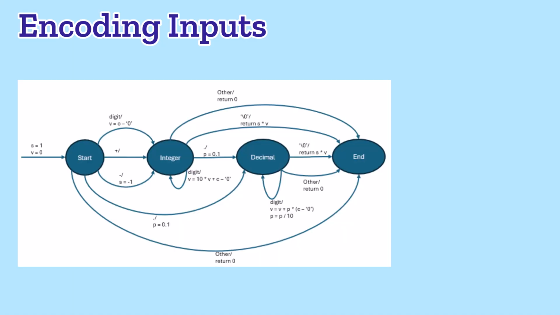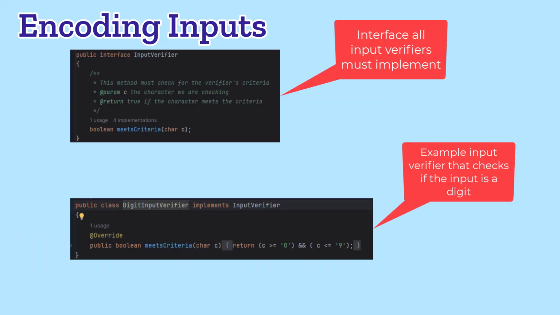Even in situations like this machine, which I covered in the previous video, where all of the inputs are characters, if we had to encode each character, an edge like this would have had to be encoded as 10 rows in our table, one for each digit. Well, that's pretty messy. When we can't directly encode the input, we build things that check if an input meets the criteria an edge needs.